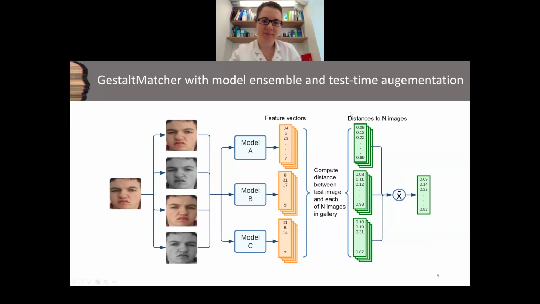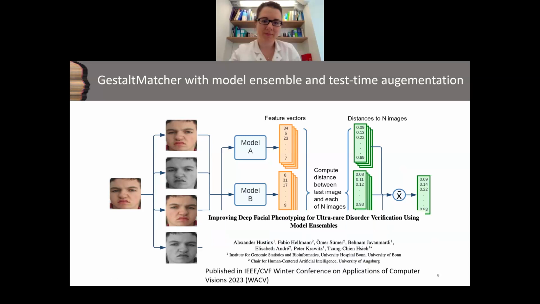In the end, we simply average the distance among these 12 different vectors to find the final distance. This is what we published last year at the Winter Conference on Applications of Computer Vision. We proposed this technology to further improve the prediction performance.